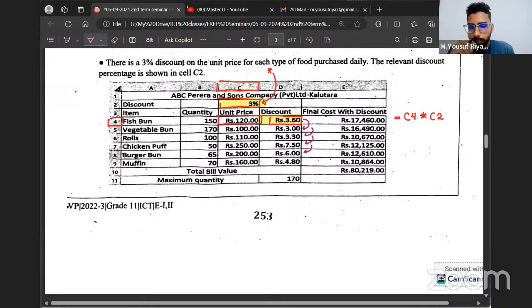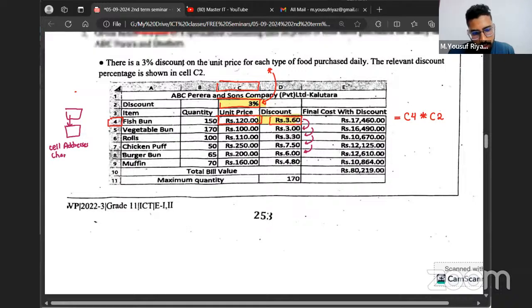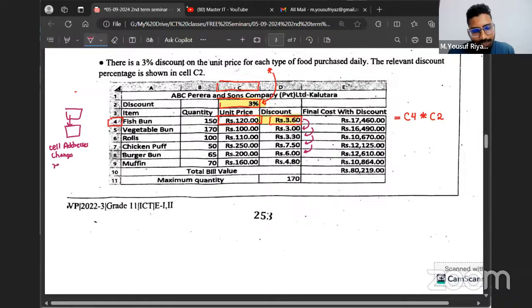The problem is that spreadsheet software has a special feature: if I copy a formula from one cell to another cell, the cell addresses change respectively.